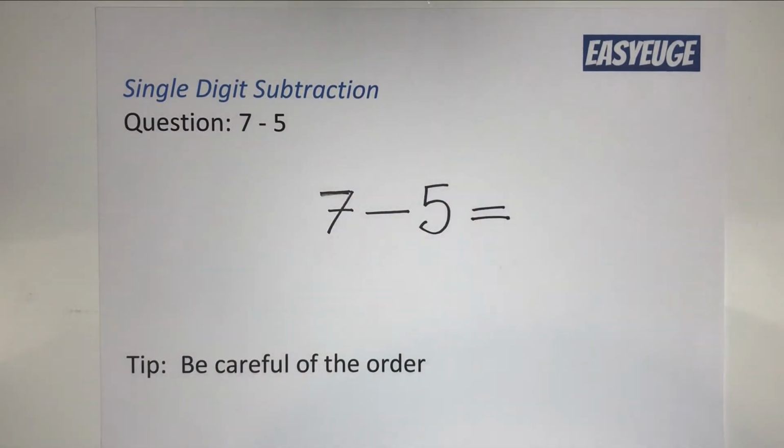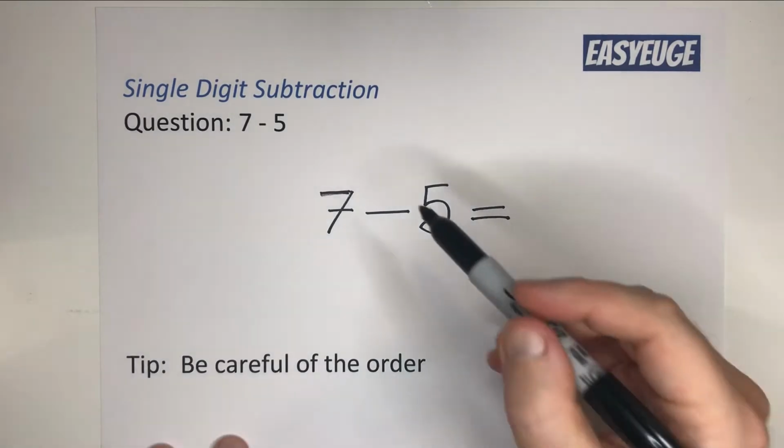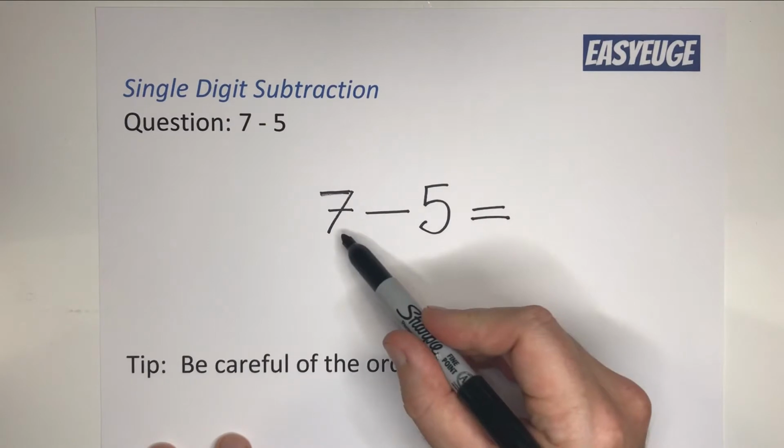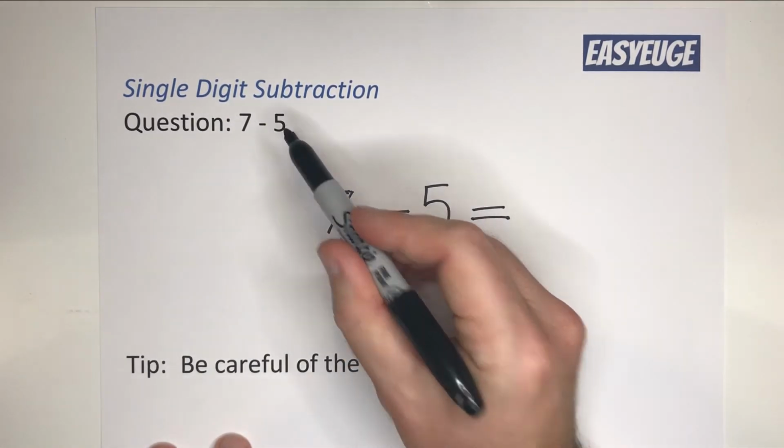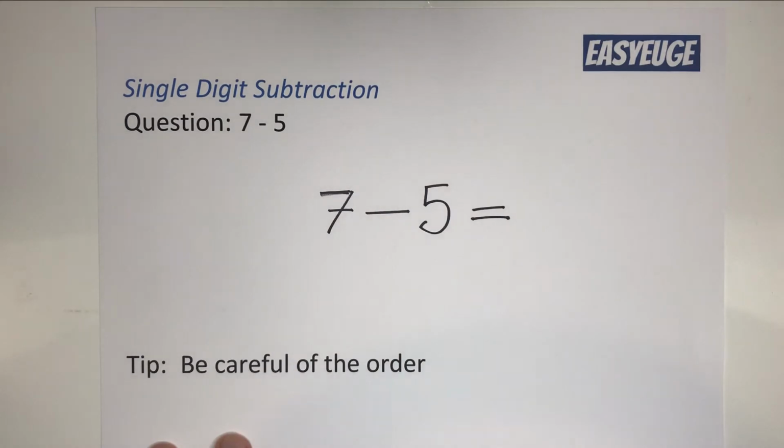When we were adding in an earlier video, you saw that we could mix up the numbers when we're adding. It doesn't matter about the order, but when we're doing subtraction, we have to keep the order exactly the way the question is written. Okay, so be careful of the order of the numbers.